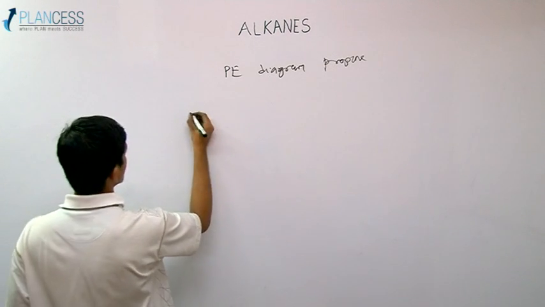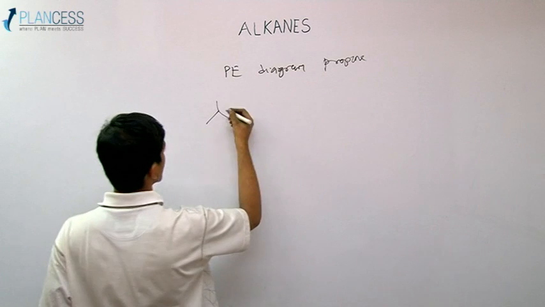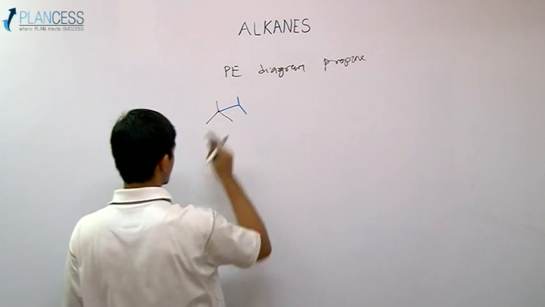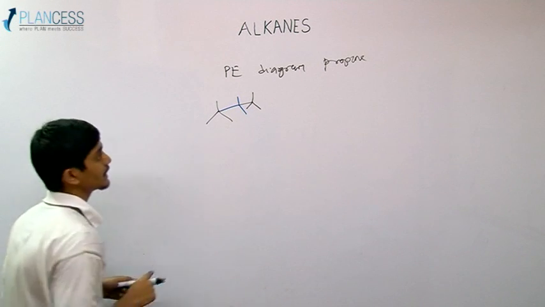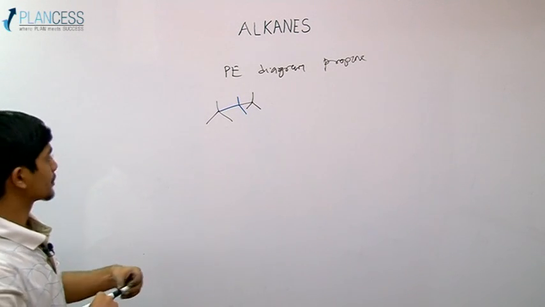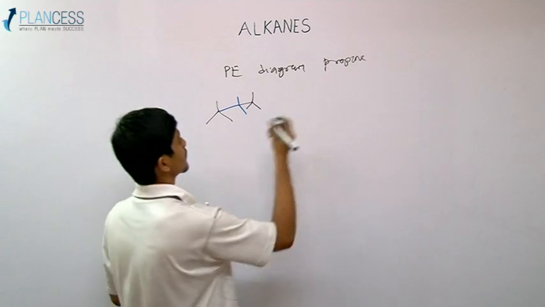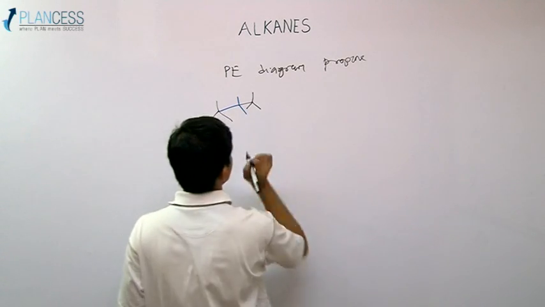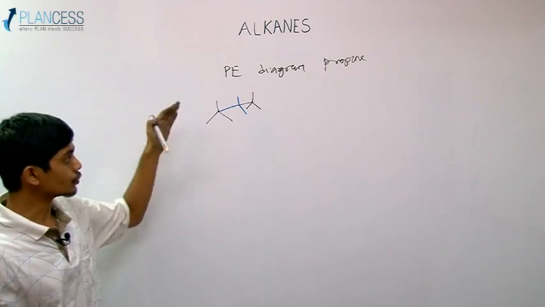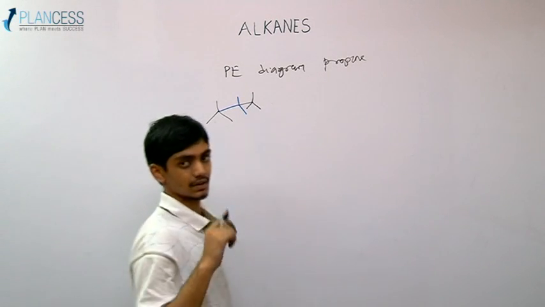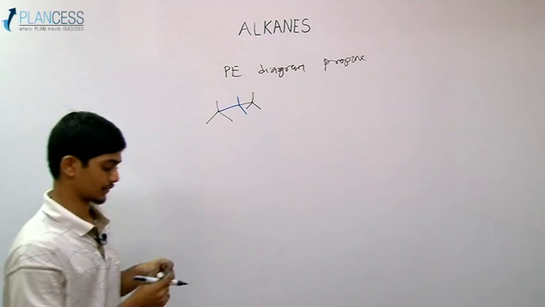So for propane, first let us see the sawhorse structure. Everything is hydrogen. So the sawhorse projection is something like this. This is the propane sawhorse structure. Let us draw the Newman projections. If you draw the Newman projection, we need to select a bond. Let us consider the C1 and C2 bond itself.